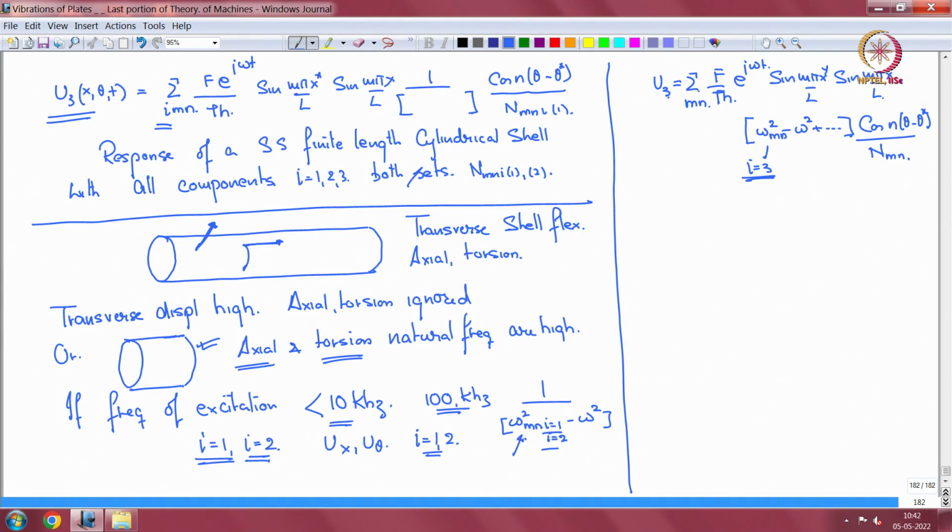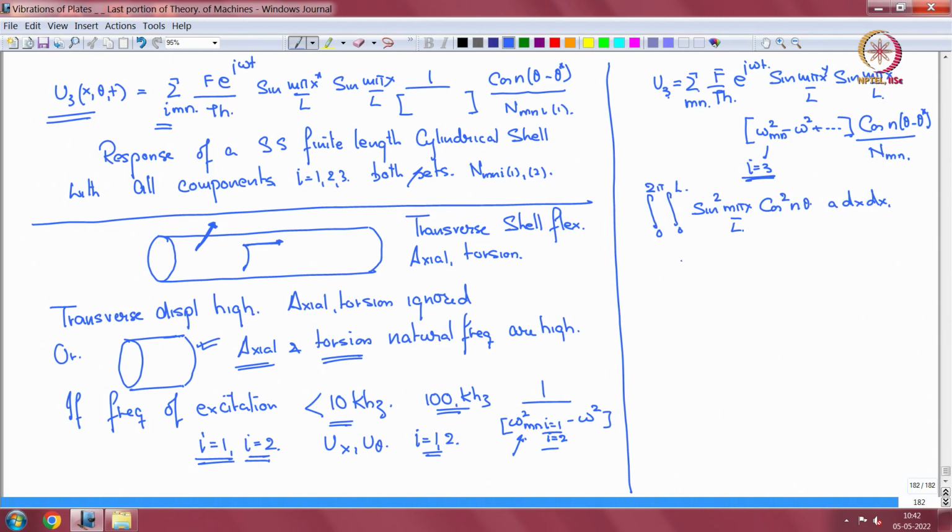Now N_mn, let us see. We have the integral 0 to 2 pi, integral 0 to L, of sin square m pi x over L cos square n theta a dx d theta.